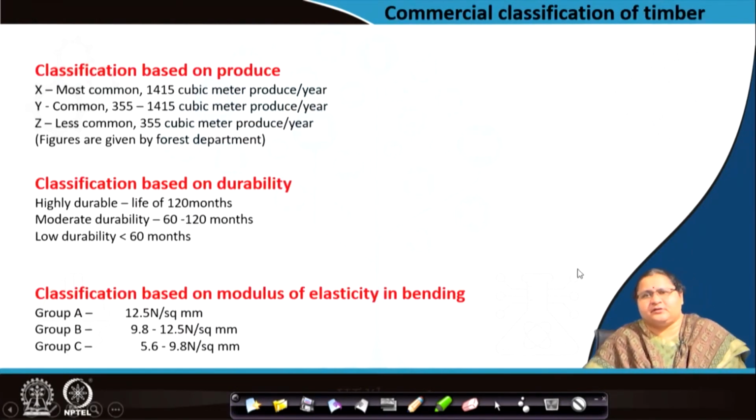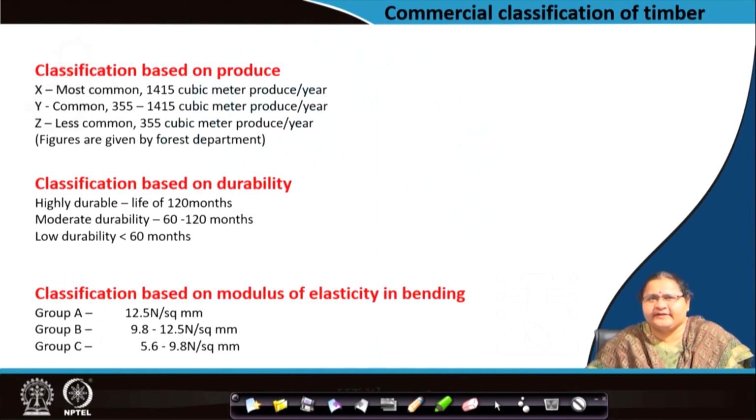Now, we come to the simple commercial classification of timber, where we see based on produce in our country. This is given by the forest department. We say X grade timber, which is most commonly available, so produce is more than 1415 cubic meter.